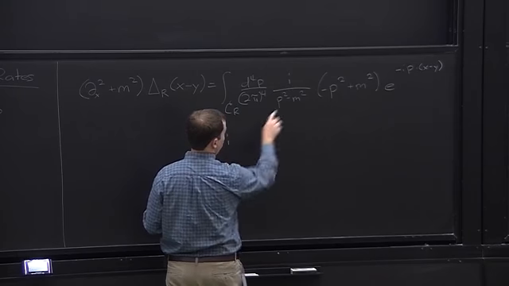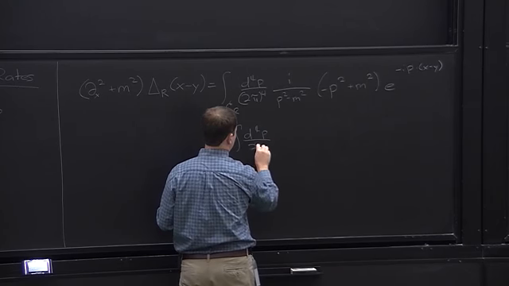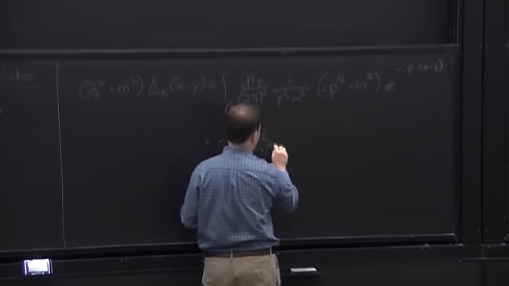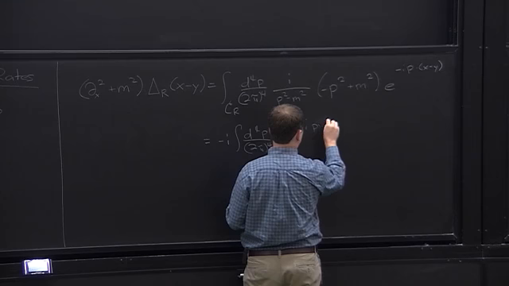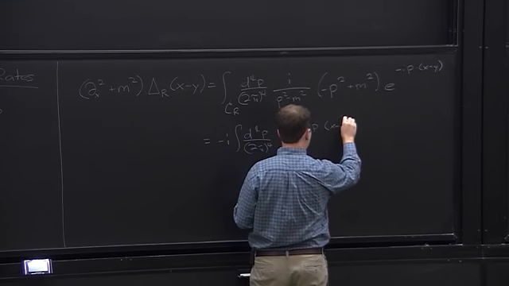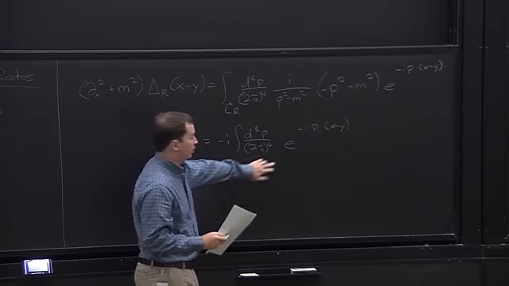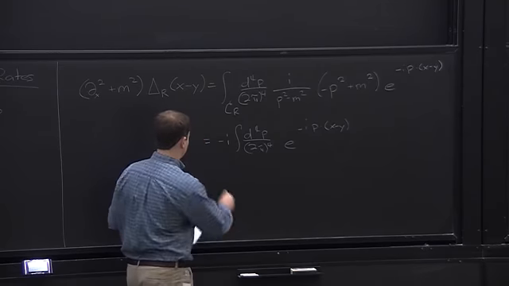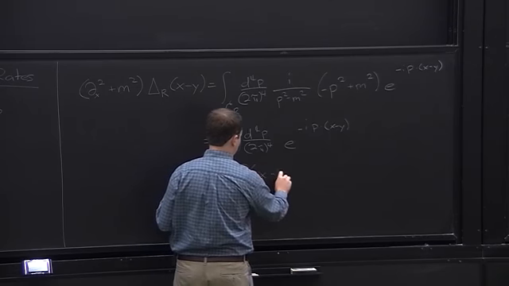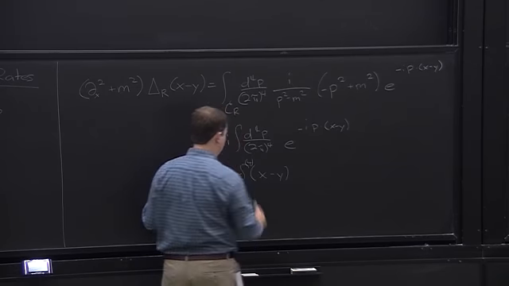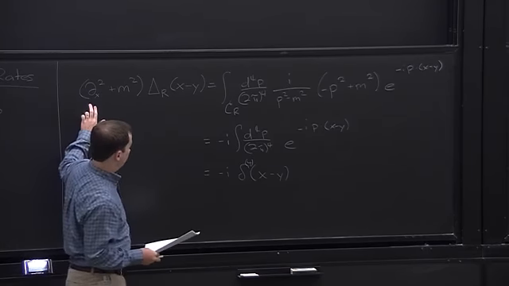We're just left over with a factor of minus i, and then this exponential. And this is a familiar integral, one you did several times in tutorial yesterday. So this is just a delta function of x minus y, four-dimensional. So it's a Green's function.